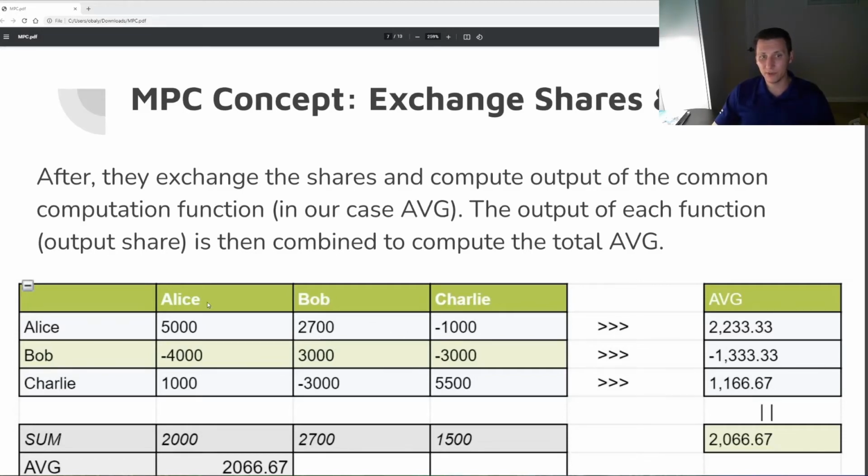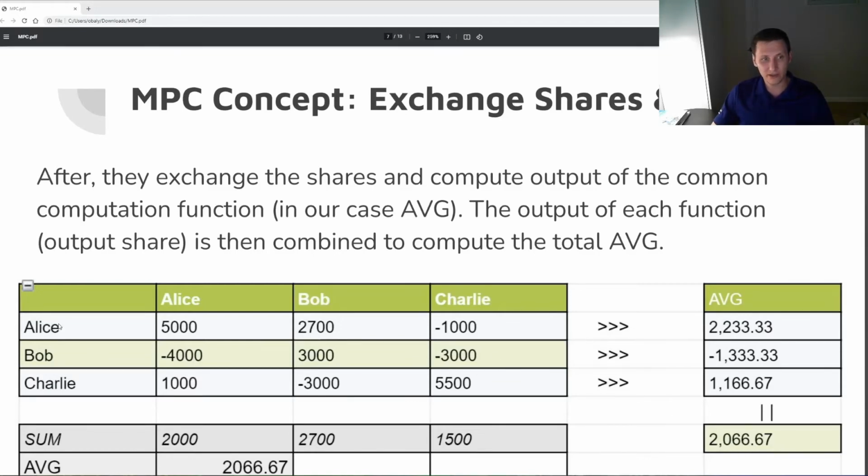They have 3 inputs, they add them up, divide by 3, and get Alice's average, Bob's average, and Charlie's average. At the end, if we add up these 3 values, which are outputs of each individual compute party, we'll get the same exact average that we got by knowing the values.